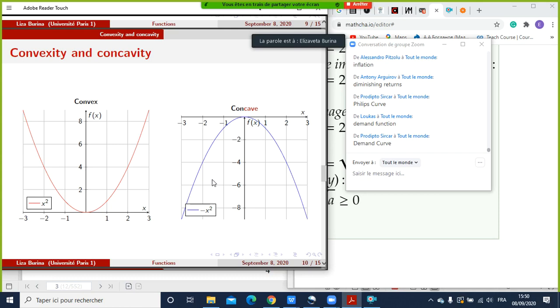Just remember that the left graph is convex and the right graph is concave. I'm getting so excited about that because I know that every year 25% of students confuse them and get minuses in points.